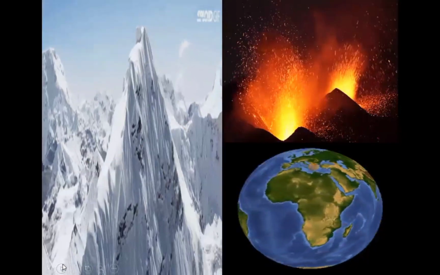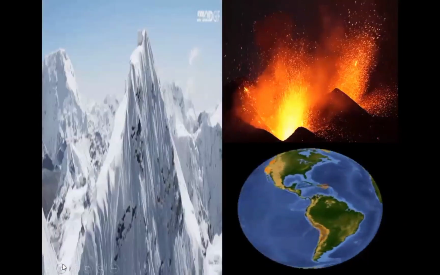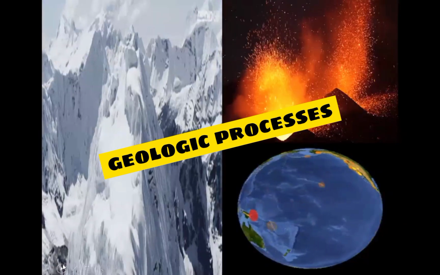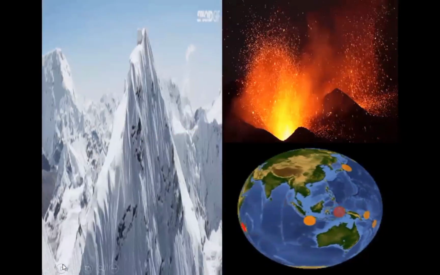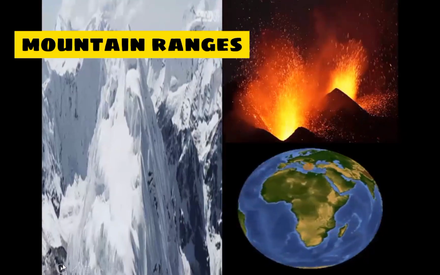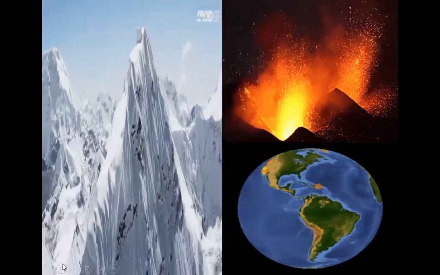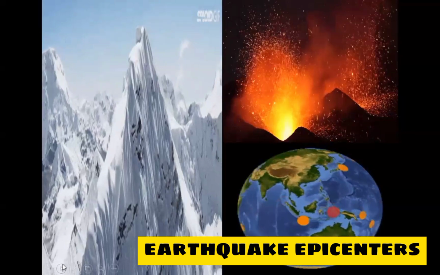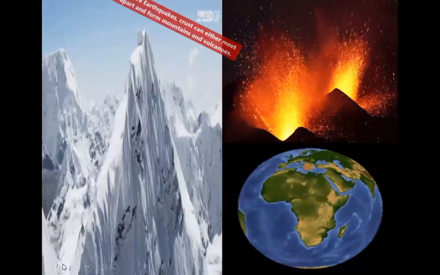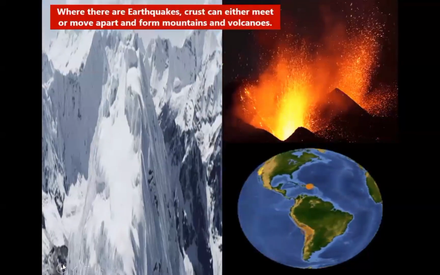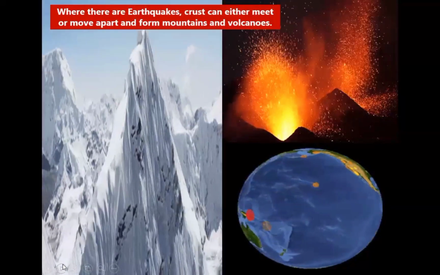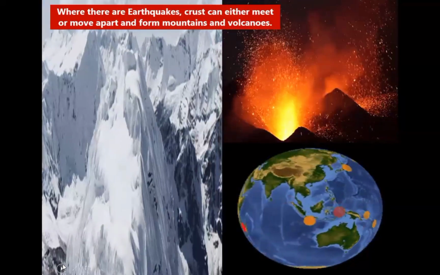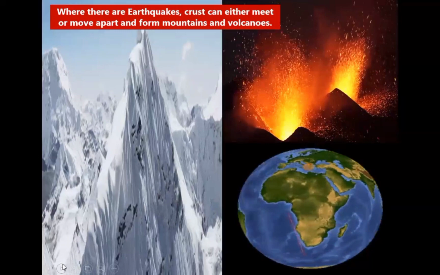As they interact along their margins, important geologic processes take place, such as the formation of major mountain ranges, active volcanoes, and earthquake epicenters. It means to say that where there are earthquakes, crust can either meet or move apart and form mountains and volcanoes.